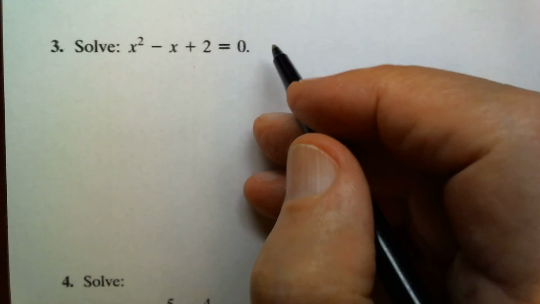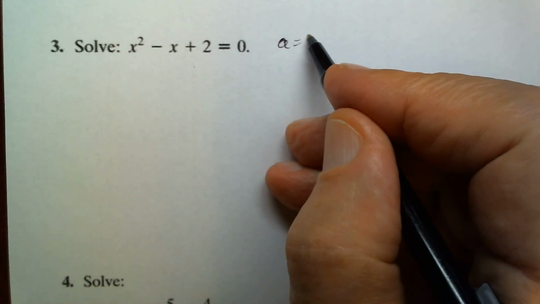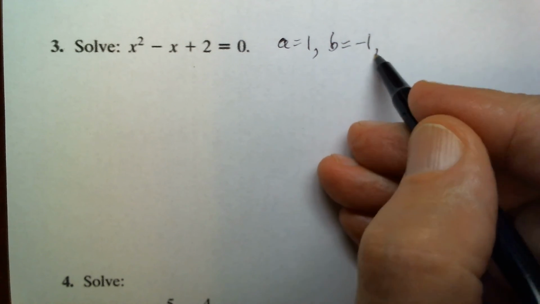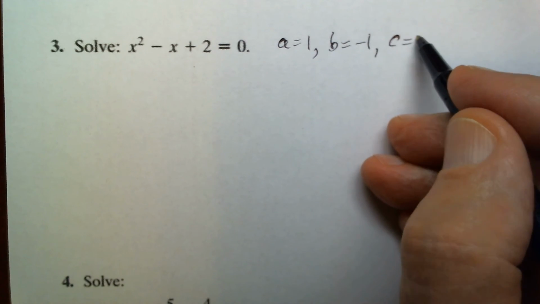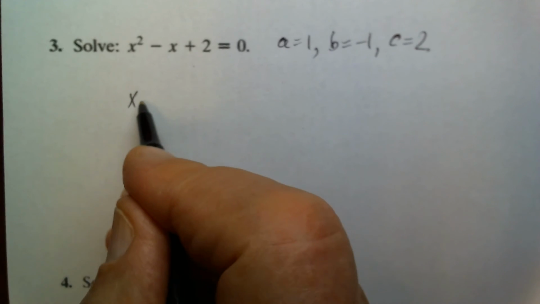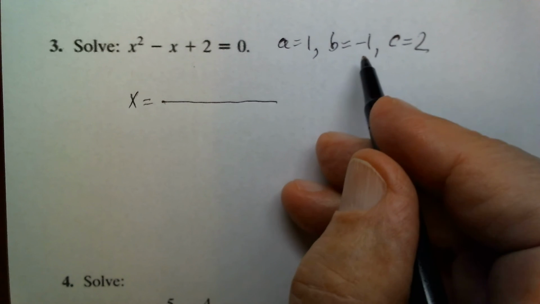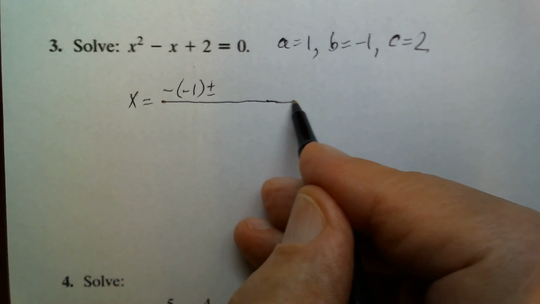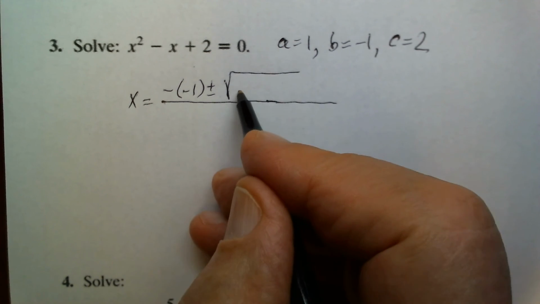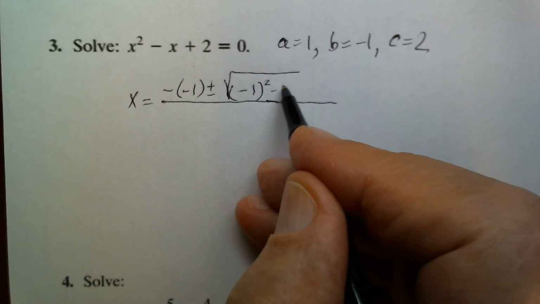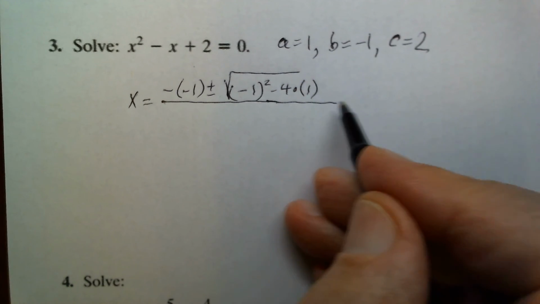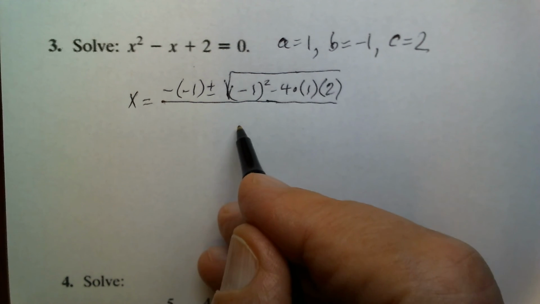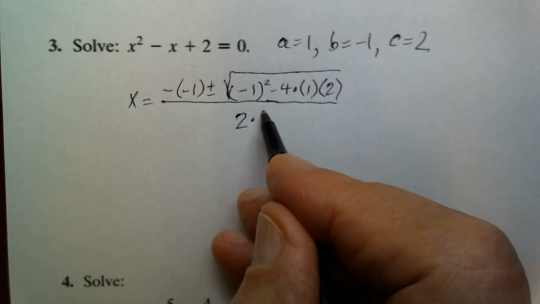So let's use the quadratic formula with a equal to 1. The coefficient of x is equal to minus 1, so b equals negative 1, and c equals 2. Then the solution is equal to minus b, which would be minus negative 1, plus or minus the square root of b squared, so it's minus 1 squared, minus 4 times a times c, which is 2, divided by 2 times a, or 2 times 1.